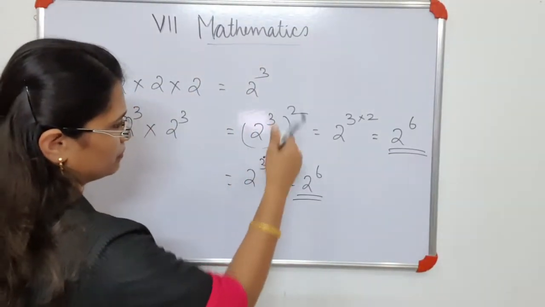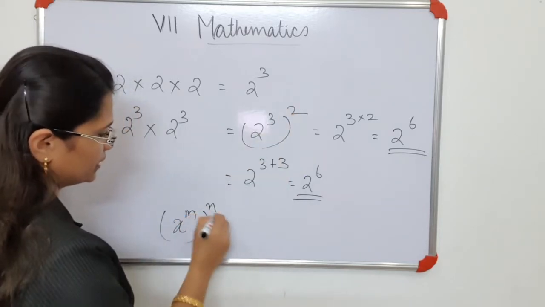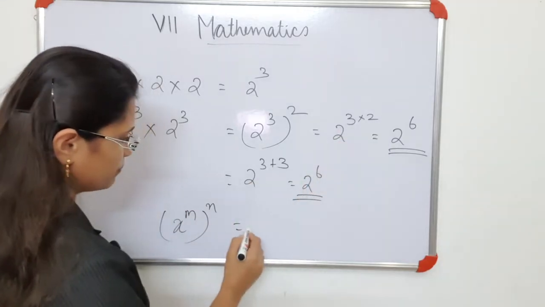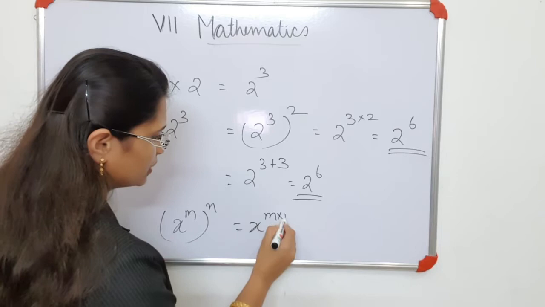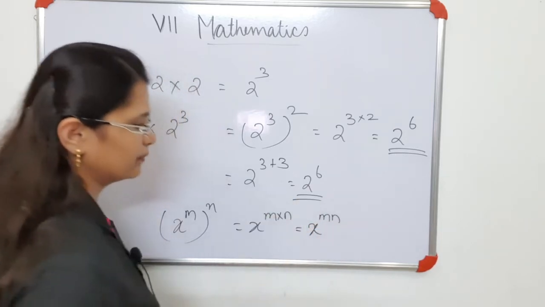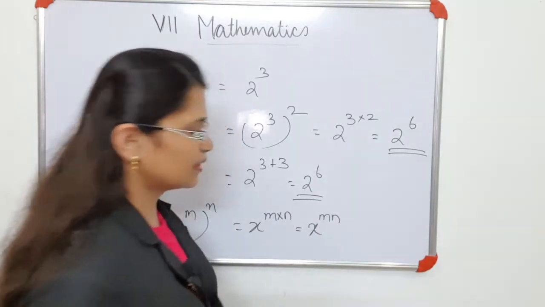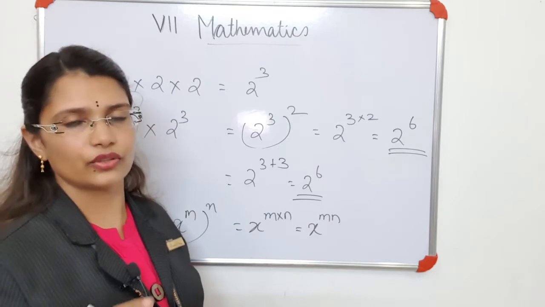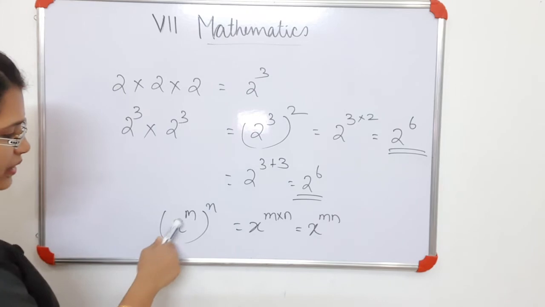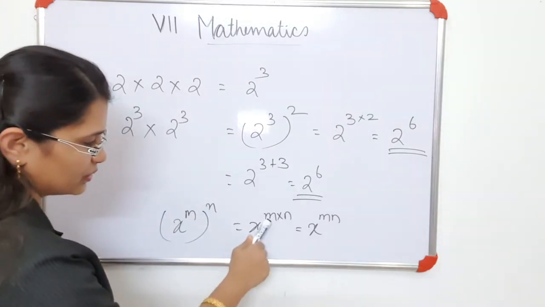X raised to m whole raised to n is equal to x raised to m into n, that is x raised to mn. X can be any number and m and n are natural numbers. Natural numbers means from 1 onwards. Okay, not 0.